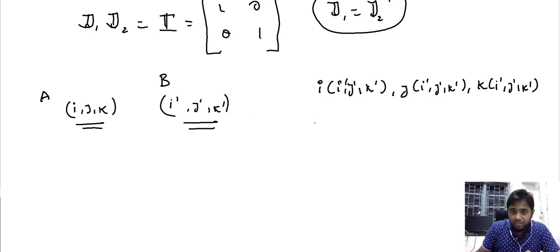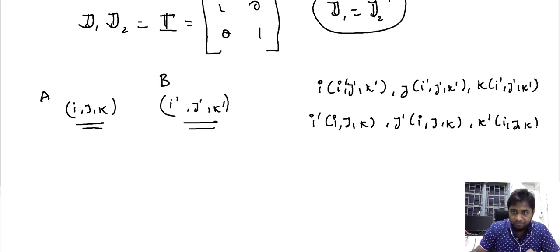Correspondingly, i prime can be expressed in terms of i, j and k. J prime can be expressed in terms of i, j and k, and k prime would be expressed in terms of i, j and k.